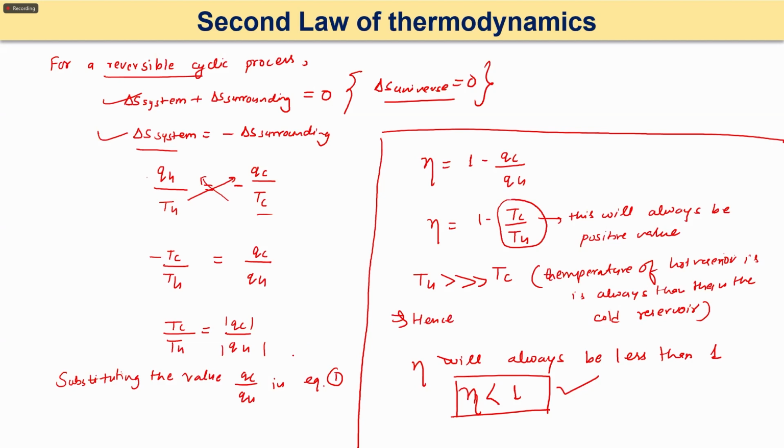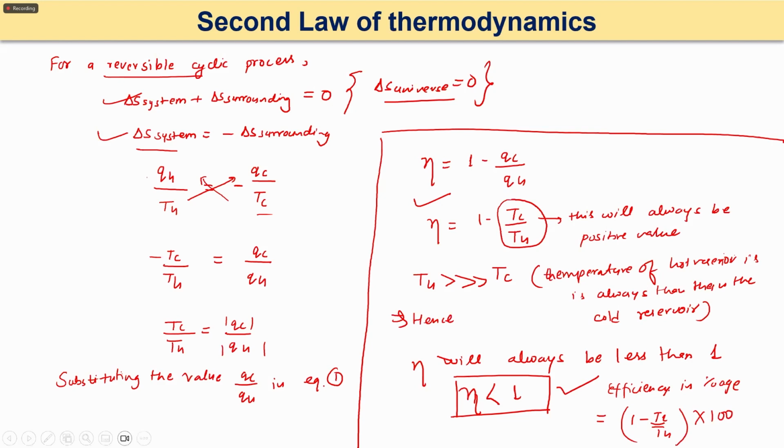In order to calculate the efficiency in percentage, this equation can be expressed as: efficiency in percentage will be equal to 1 minus Tc by Th, multiplied by 100.